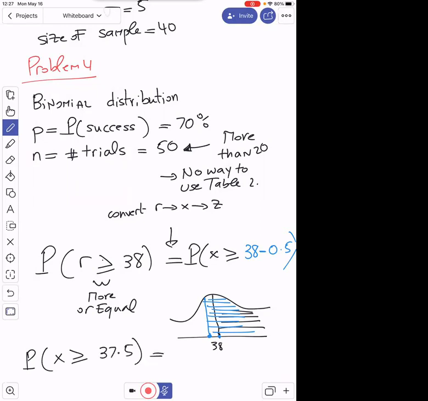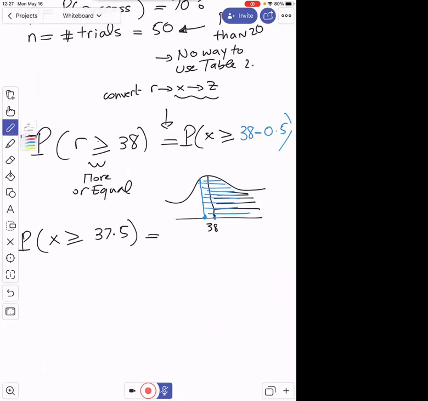All right, so I converted R to X. The next step is to convert X to Z, and the way we convert X to Z is using mu and sigma. But mu and sigma are not given here. However, this is a binomial distribution, so we know how to compute them. The mu is n times p, and we know how to compute the sigma.